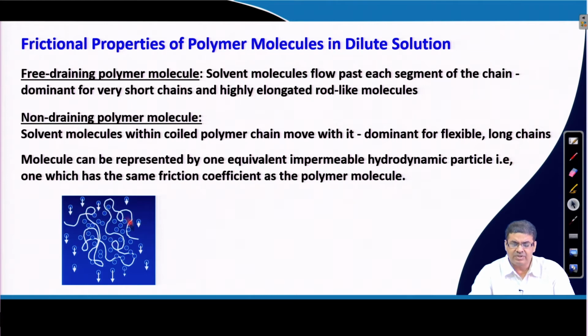Now, when it moves, it will move along with these small solvent molecules which are shown here. So, when this polymer coil actually travels across the solvent, it moves along with these solvent molecules which are present in the coil.